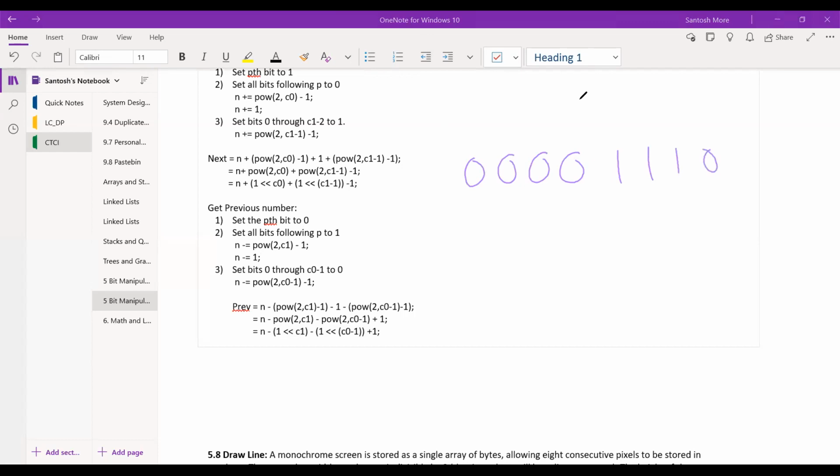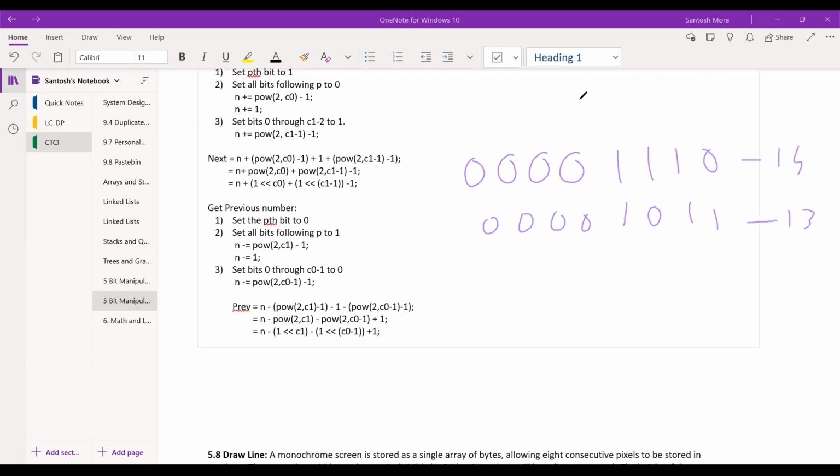So the next lower for 14 will be 1, 0, 1, 1. So this is 14 and this is 10, 11, 12, 13. So this is the lowest one.